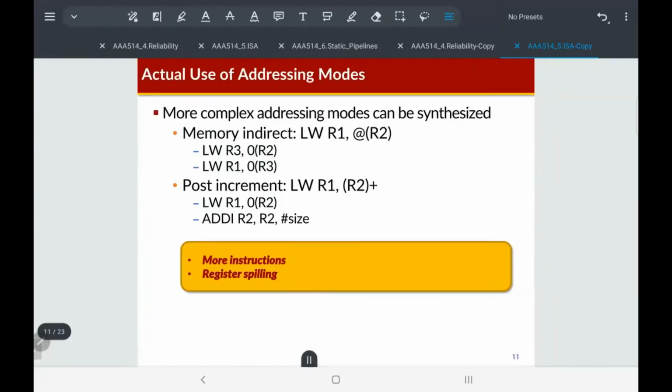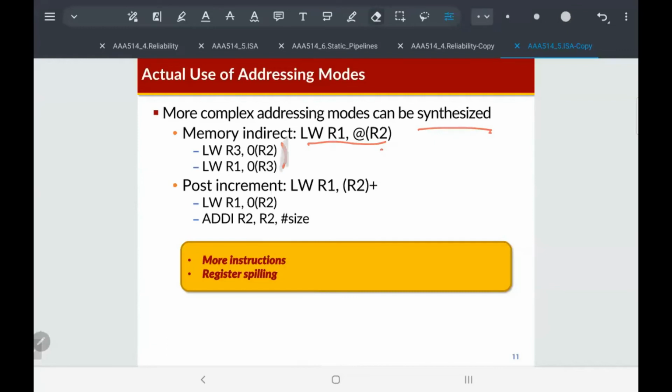As I explained, the complex addressing mode can be synthesized, which means that it can be implemented using two simpler instructions. For example, the memory indirect load can be implemented with two load instructions.